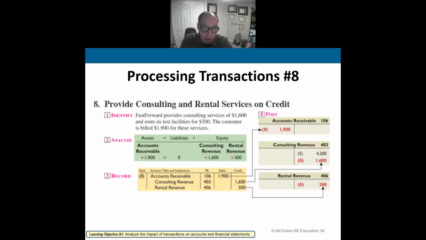On this transaction, I'm providing services on credit. What that means is, remember, when you hear the words on credit or on account, we're either going to use accounts payable or accounts receivable. In this case, we're using accounts receivable.